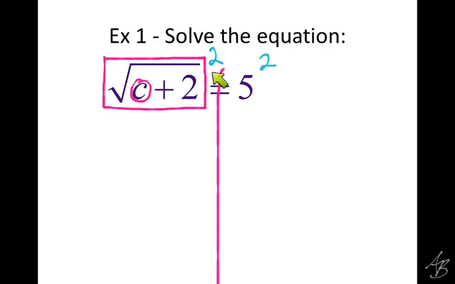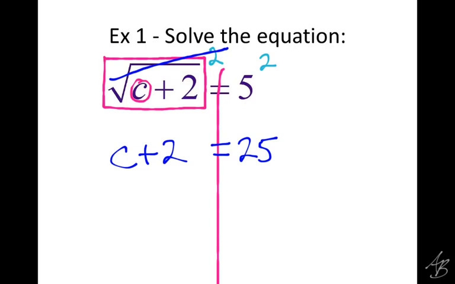What's going to happen with the square on the left side? It cancels out with the square root. So the square root and the square are gone, which leaves the c plus 2. When the square root cancels out, all we're left with is what was inside of the square root. And on the right side, 5 squared is 25.